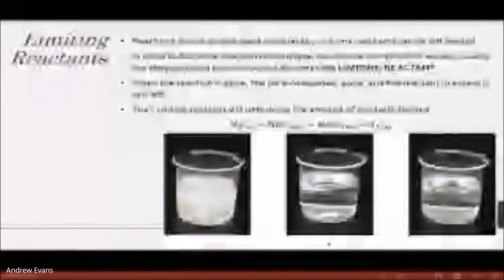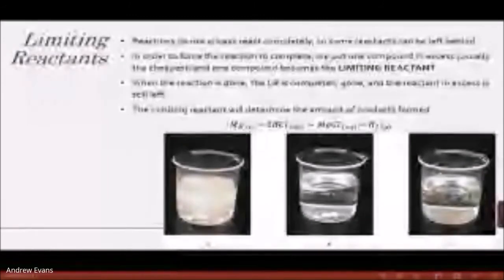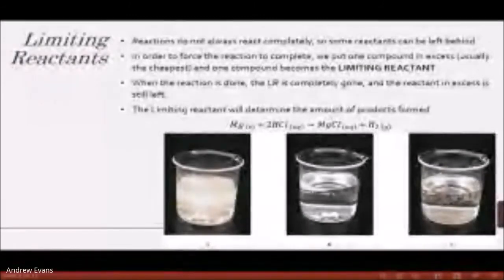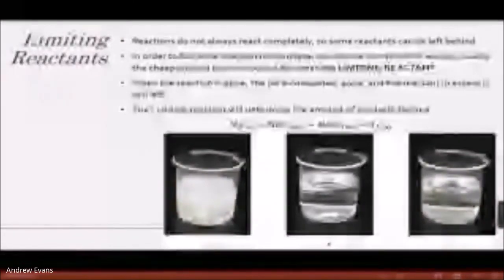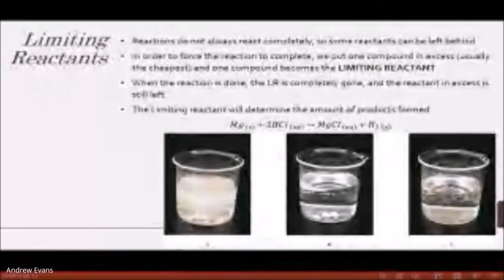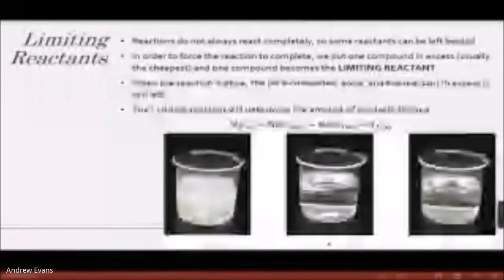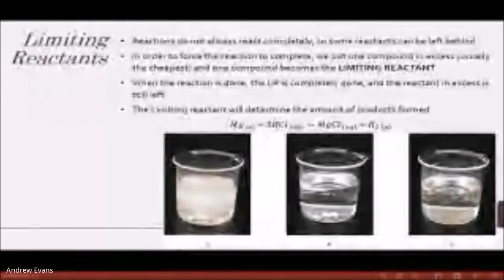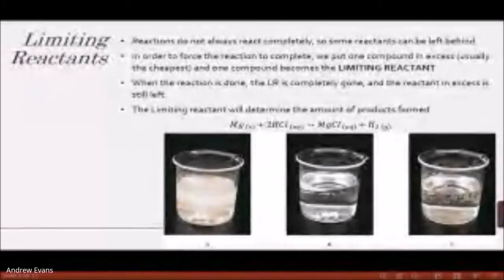In this case, it has consumed all the oxygen available in the candle, and thus the oxygen becomes the limiting reactant. So whatever runs out first, the reaction is going to instantly stop. By definition, when the reaction is done, the limiting reactant should be completely gone, and the reactant in excess should still remain.